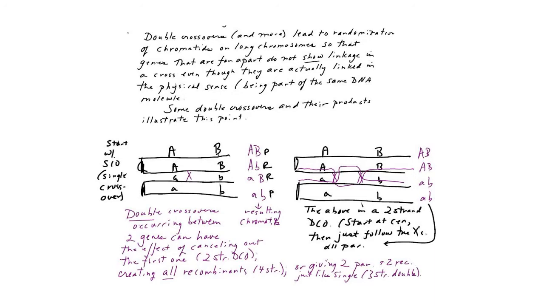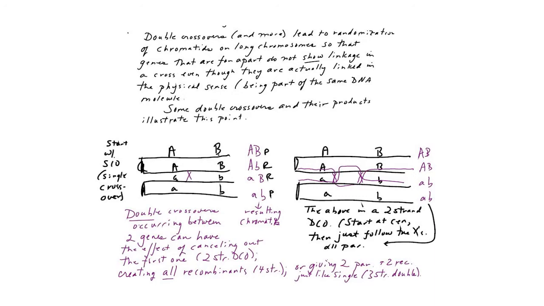Well, one type of double crossover that can occur is a 2-strand double crossover, where the second crossover essentially undoes the effect of the first one. So here we have the top chromatid is not involved in the exchange. It will be parental. The bottom chromatid is also not involved. It's also going to be parental. But here we're going to look at the two chromatids that are involved.